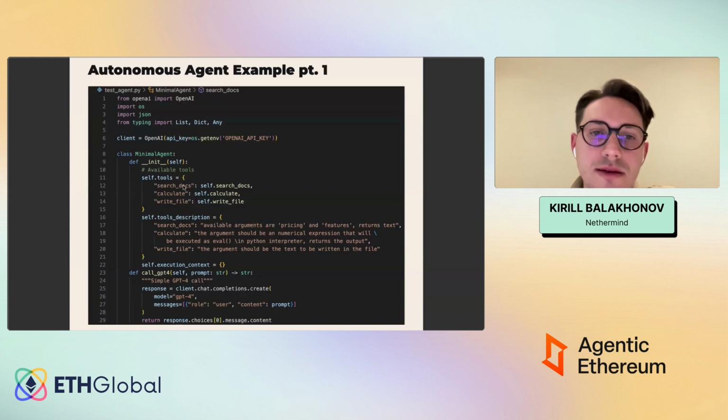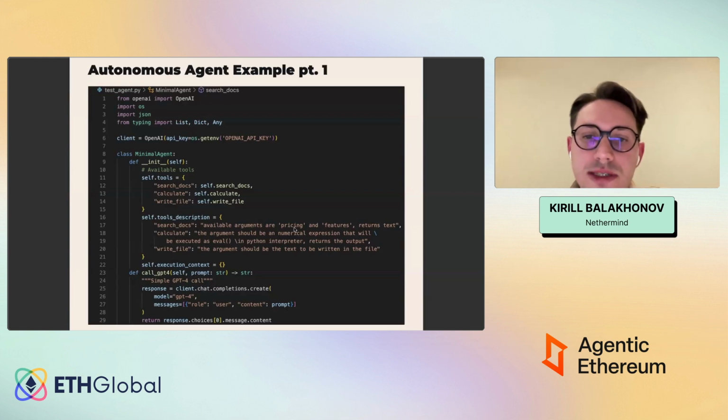For instance, here we say search docs tool, calculate something, write file. The tools have names. The names are important, because the LLM looks at them as text. So it should decide which tool to choose. That's why you should actually describe them properly. And also we put the tool description to, again, help it choose better.